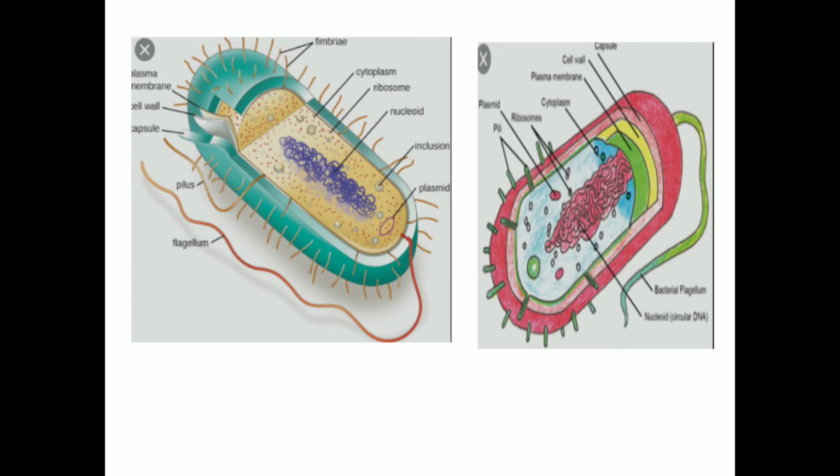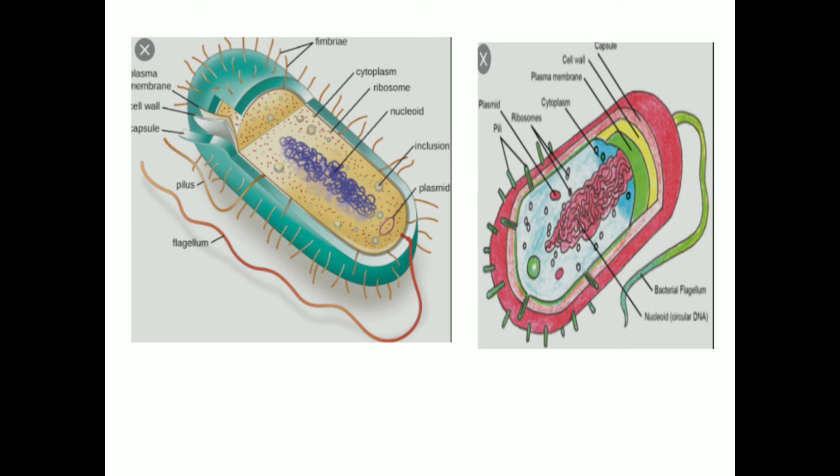And again we'll discuss here about the cytoplasm. Cytoplasm of the bacterial cell consists of freely floating genetic material. The genetic material is in the form of DNA, that is deoxyribonucleic acid, and this genetic material is not bounded by nuclear membrane.